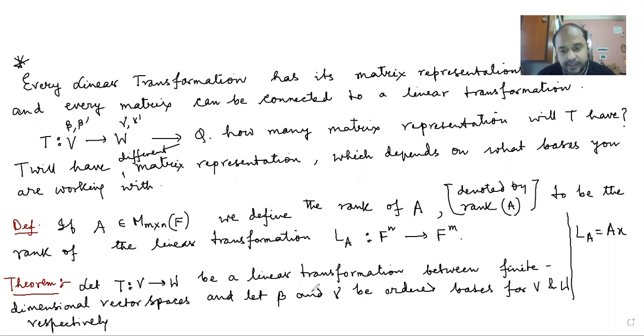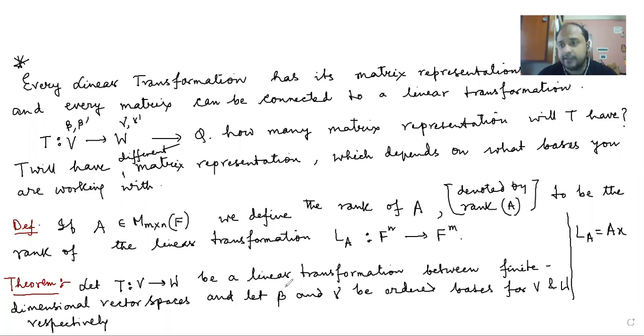Respectively means beta is the ordered basis for V and gamma is the ordered basis of W. If I do not write the word respectively, somebody may think that beta is the ordered basis for W and gamma is the ordered basis for V. So this word respectively is supposed to be written always.